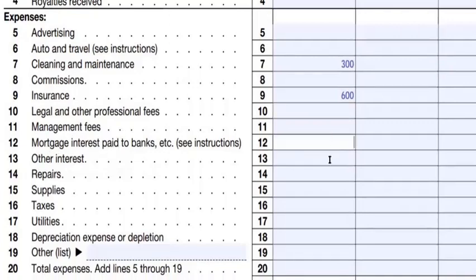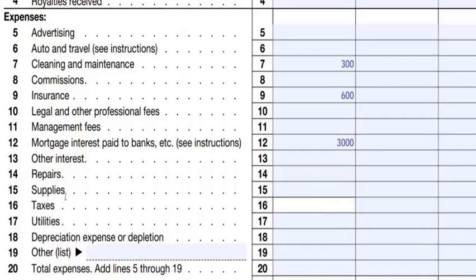Mortgage interest. If the property has a loan, obviously they will be paying mortgage interest, right? So what is the mortgage interest? This is almost 3000 mortgage interest. Good. Other interest, repairs, supplies, utilities, or depreciation. Okay, taxes.